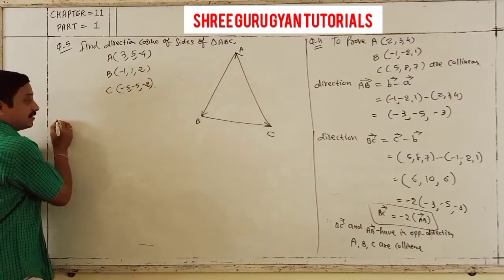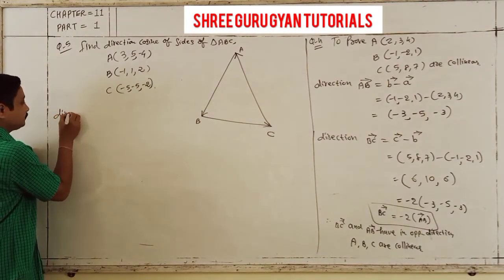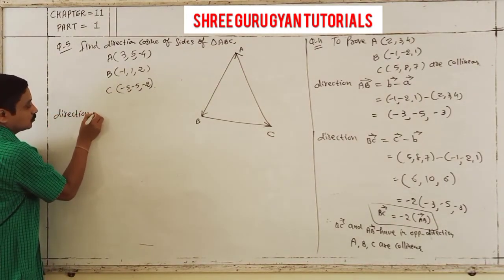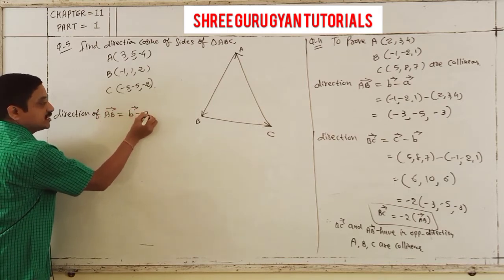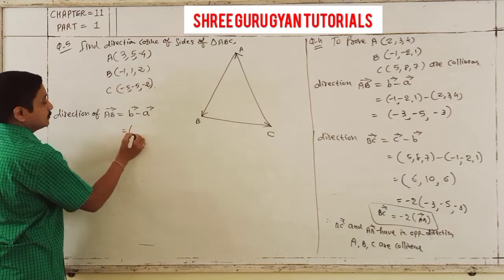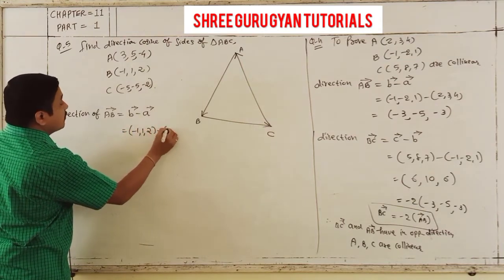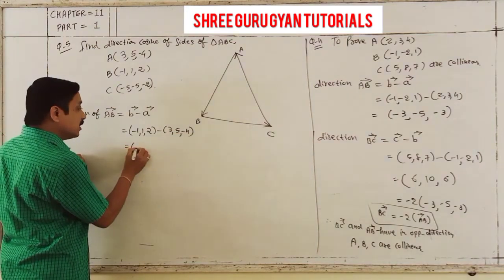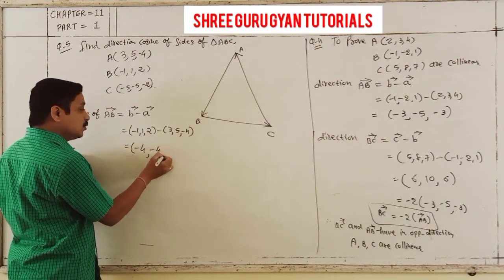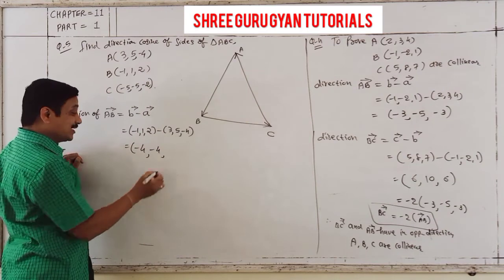Here I first take direction of AB. AB directions, B position minus A position. A is 3, 5, minus 4, and you will check values: minus 4, minus 4 and 2 plus 4, it is 6.